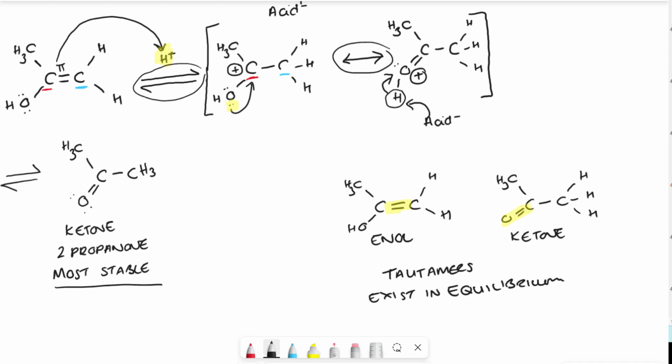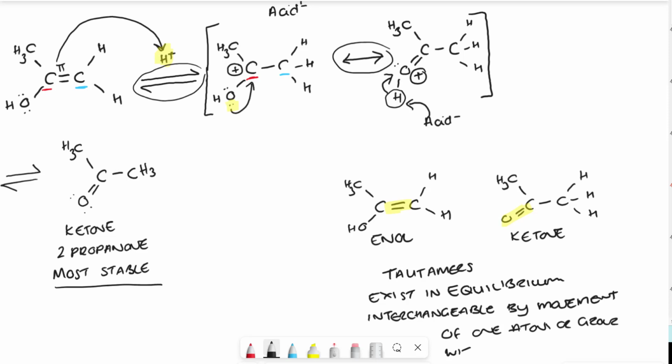They're flipping back and forth, and they're interchangeable, by the movement or migration of one atom or group of atoms within a molecule. So that's what we're dealing with here.